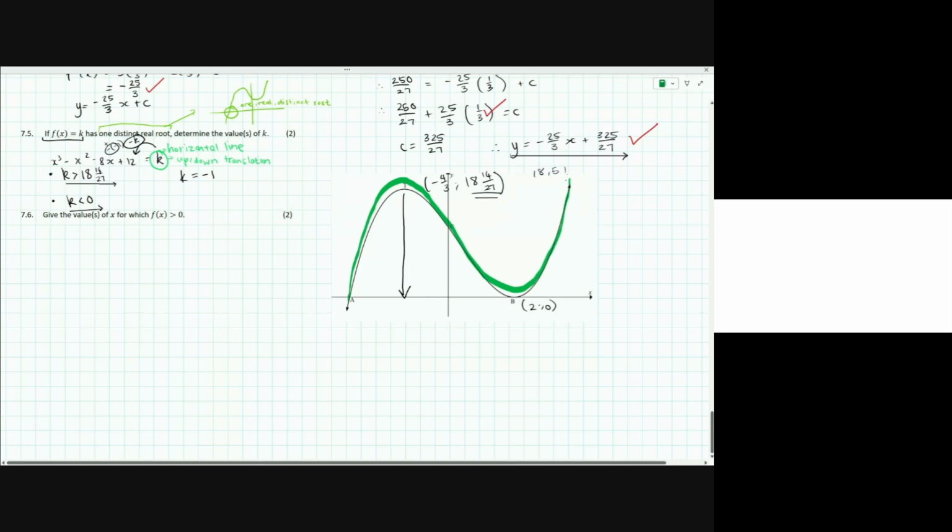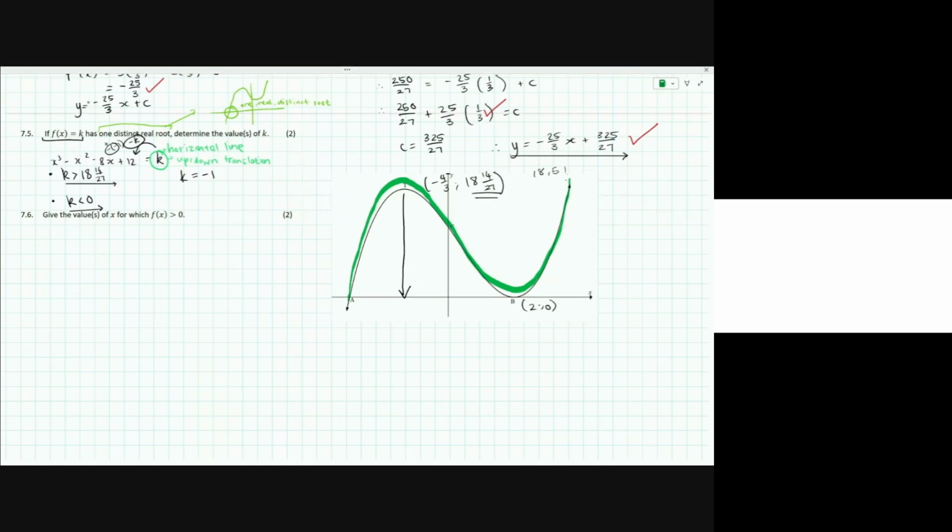So like I say, guys, what often gets us with these questions is just the signs of k and what they are when we are working with it. My best advice with these types of questions is to try your best to visualize what's happening. Try your best to understand that k is a horizontal line.